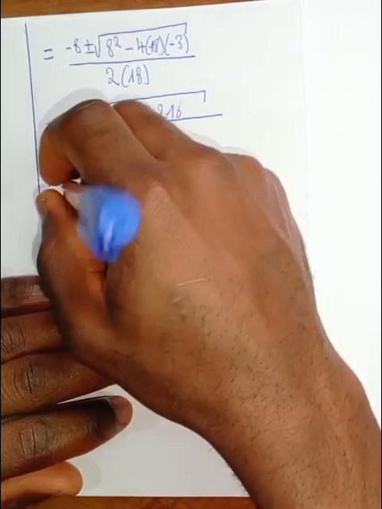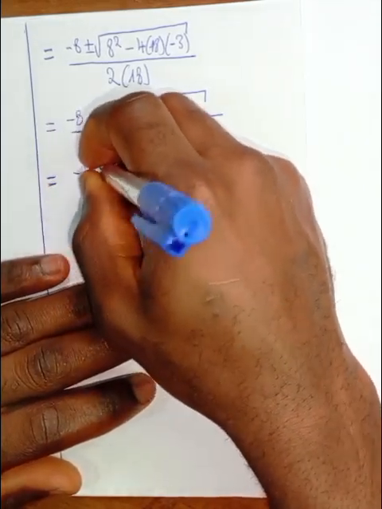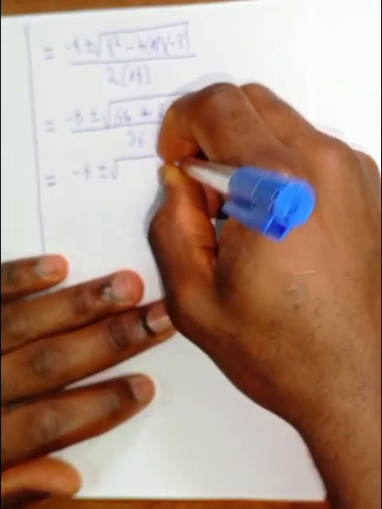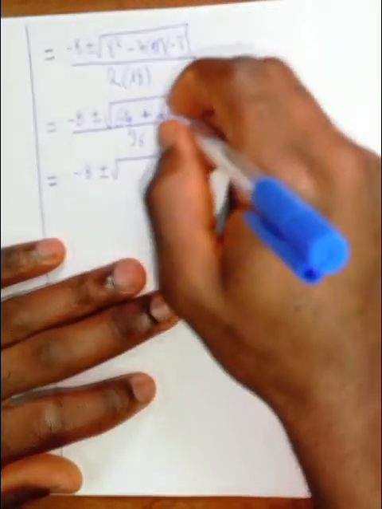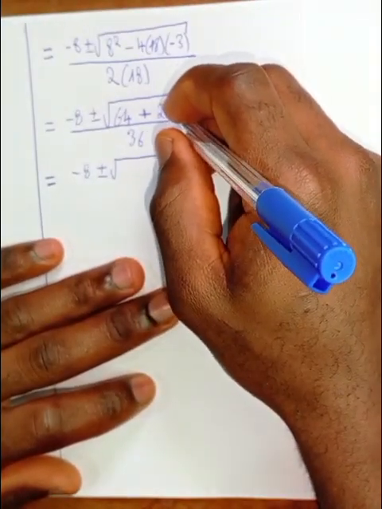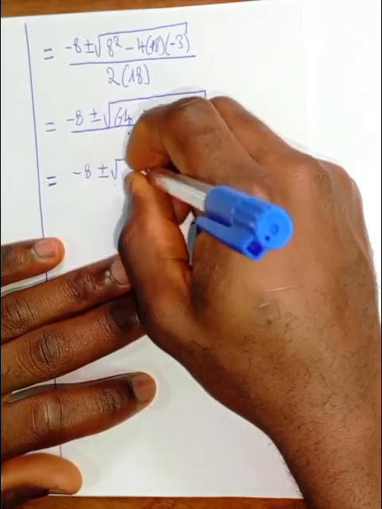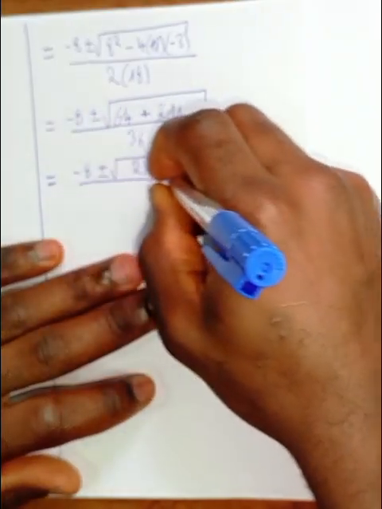This will simply be equal to negative 8 plus or minus the square root of 64 plus 216, which gives us 280, over 36.